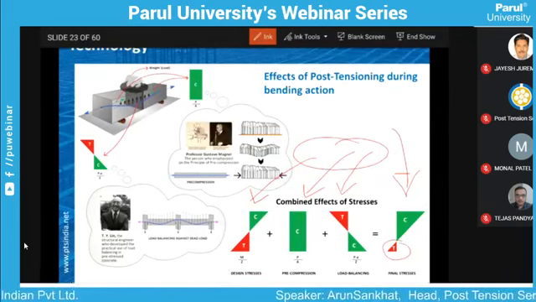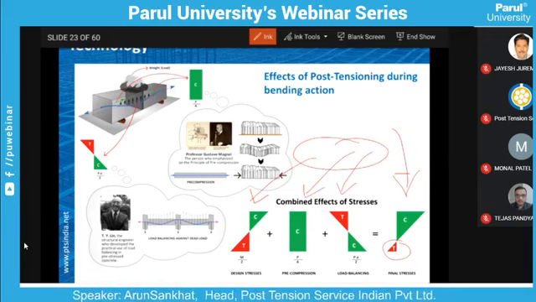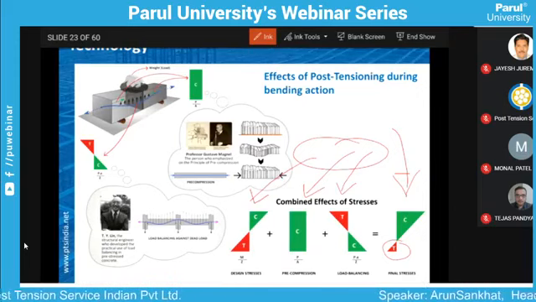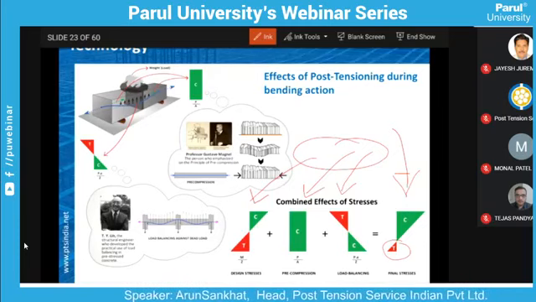Now there are limits of the tensile stresses permitted in our code. If it is a water retaining structure or something related to that, then zero tensile stress can also be achieved with the help of pre-stressing. And in case of buildings, some tensile stresses are permitted, like 3 Newton per mm square for type 2 design.